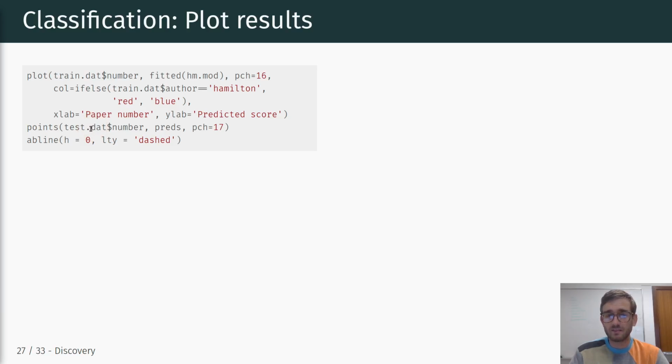Those are the contested documents, and we add our predictions that we computed previously. So those are the predicted scores for those observations. And then we'll add a horizontal line at 0 to identify the threshold where we predict authorship by one versus the other.